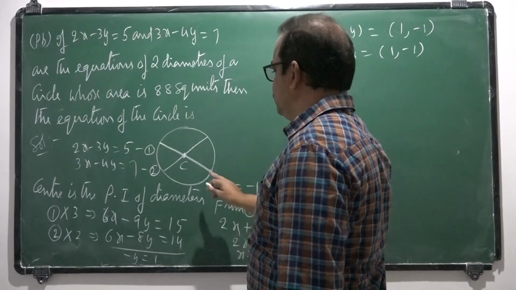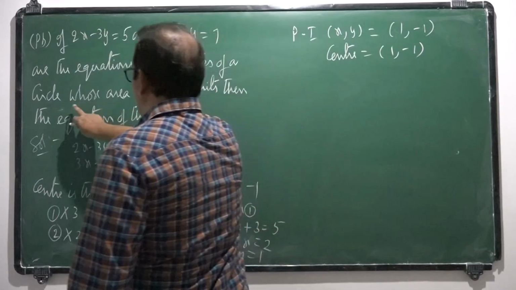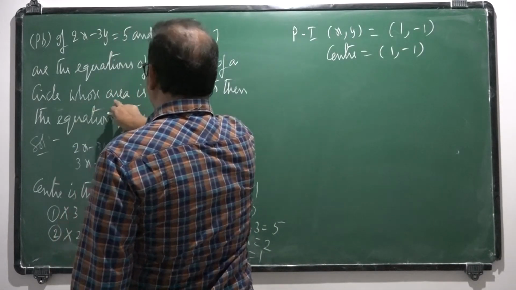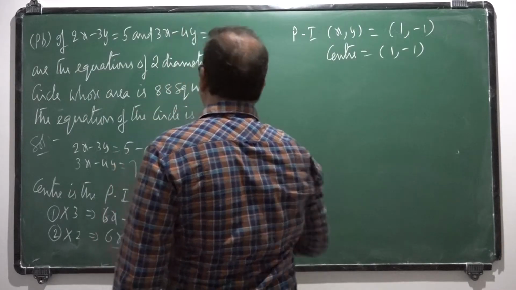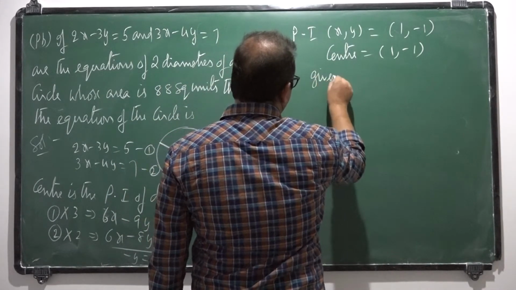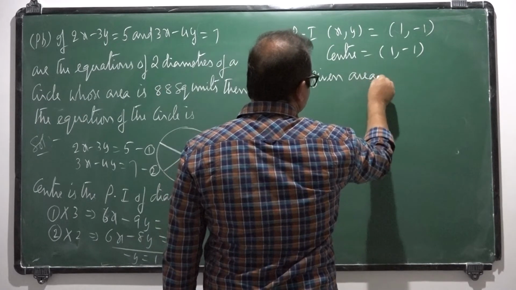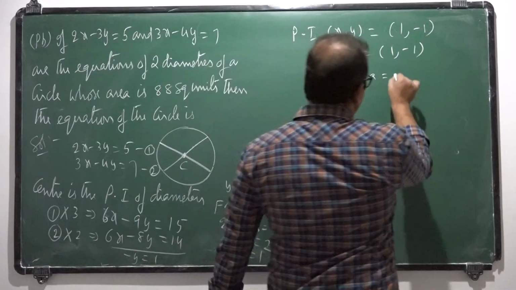Next, how to find the radius? In the problem, the area of this circle is given as 88 square units. What is the formula to find the area of a circle?